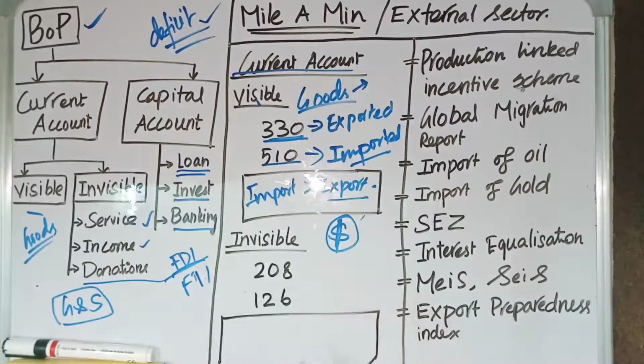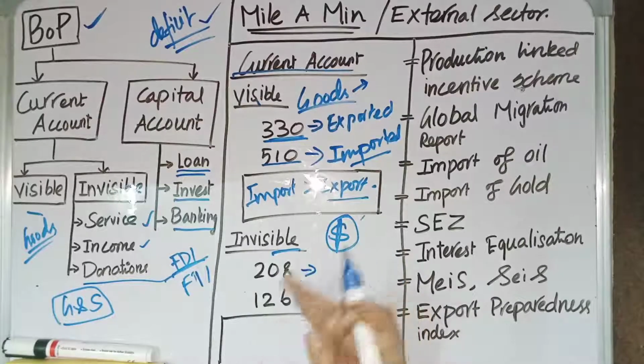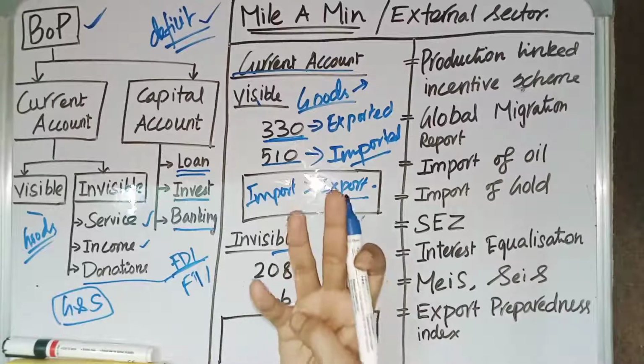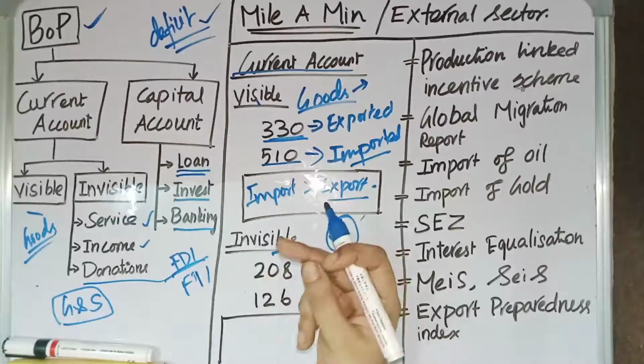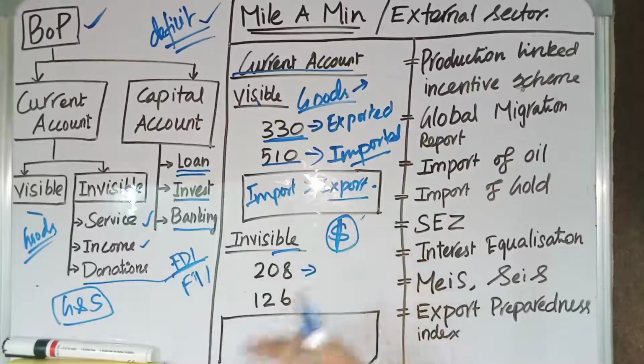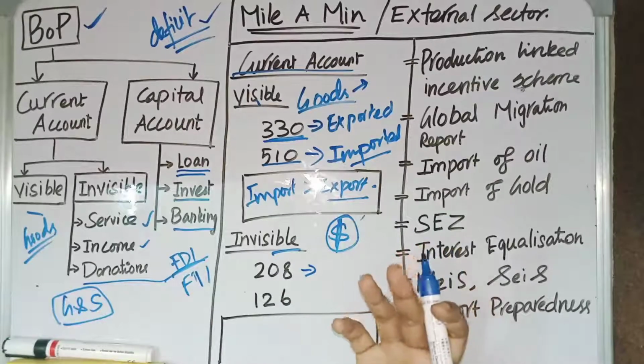Then we have invisible. In invisible, 208 is the amount of services. In invisible, we have services and we also have remittances. Remittances is nothing but the salary which NRIs are getting. In services we have tourism, IT and doctors, some Indian persons who reside in a foreign country and they render some service to that foreign country, right?